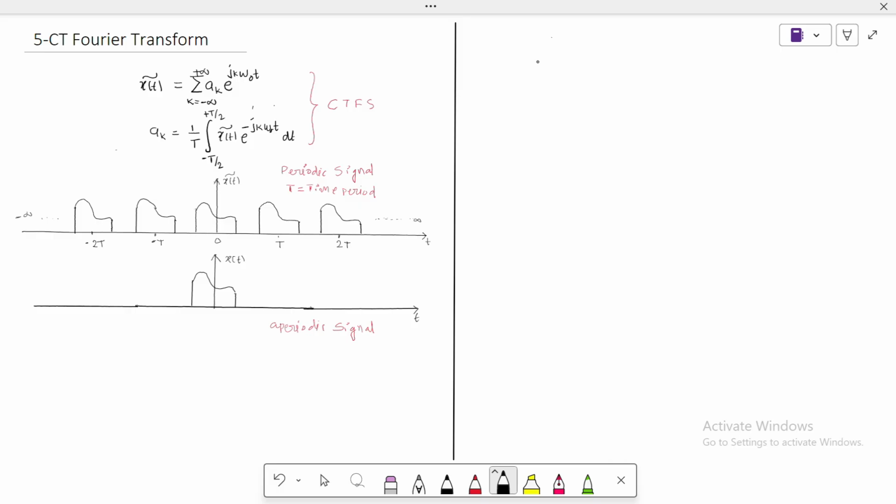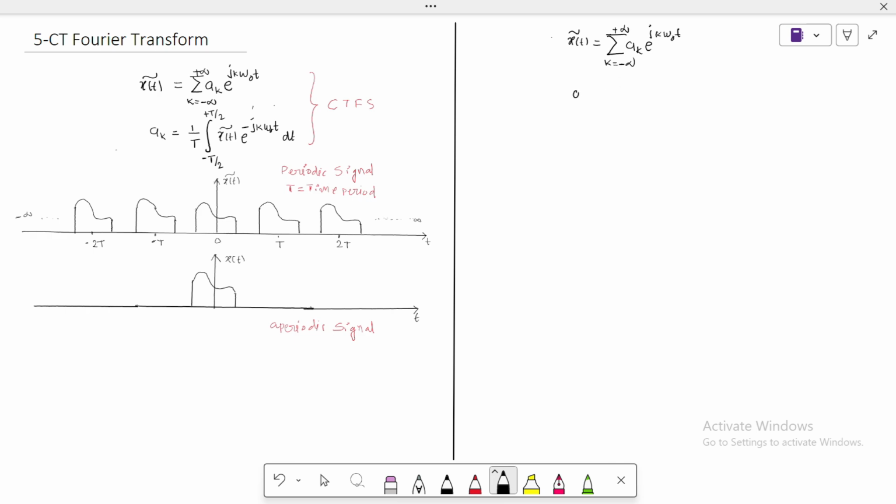Again, I'm going to write these equations here. So x of t, its Fourier series representation, is sigma a_k into e power j k omega naught into t, with k from minus infinity to plus infinity.